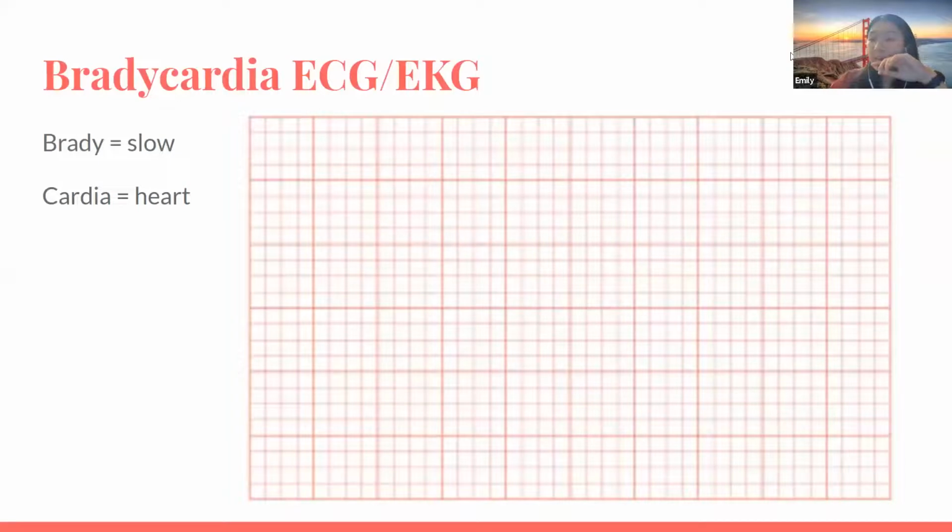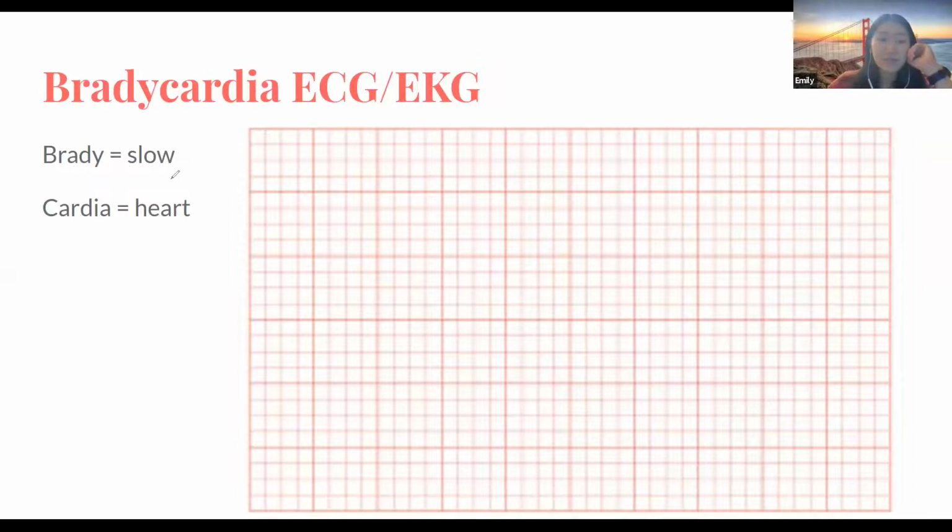So now let's talk a little bit about things you don't want to see. One thing that is not good at all is bradycardia. Let's break down this word. It's a strange word, but it has two parts. Brady means slow, cardia means heart.